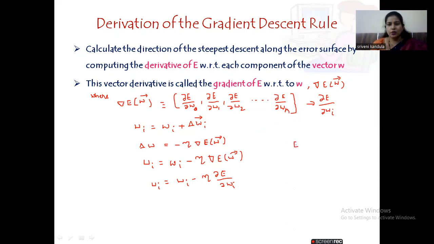We already know the error value. We have taken the error as half sigma (T minus O) whole square.